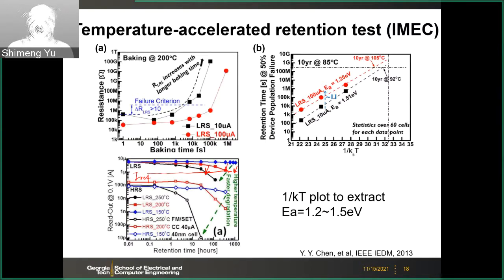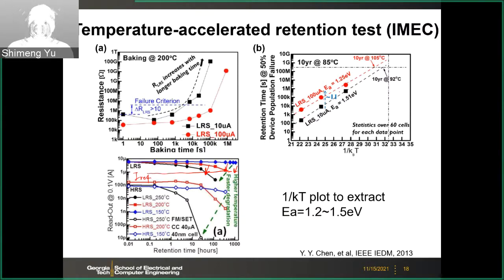And then this is how you get those points in the 1/kT plot. Time to failure. And here we have two states because you can have multi-level states. One is a stronger low resistance state, where typically the reference current is 100 microamp. And the other one is a weaker low resistance state, where the reference current is 10 microamp. But they have a similar tendency here.